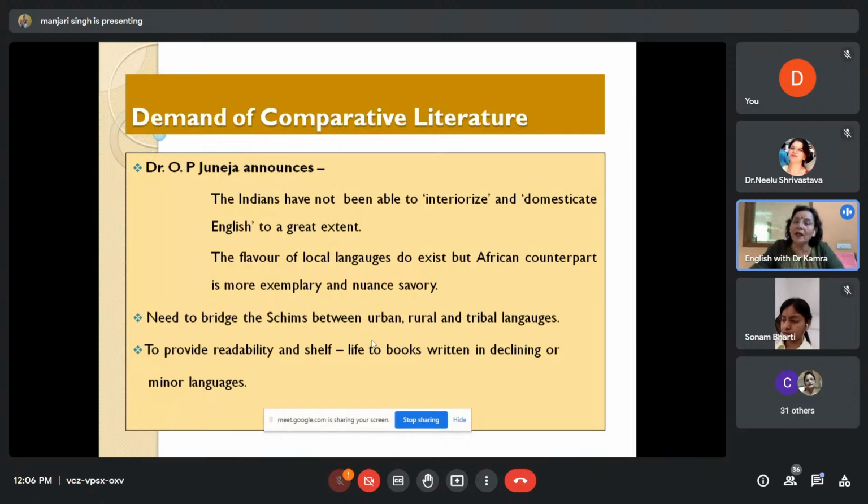And here he compares. He says, Indians have not been able to interiorize and domesticate English to a great extent, and then he gives the reason. The flavor of local languages does exist, but the African counterpart is more exemplary and nuanced. So you'll find that the local color is still missing.